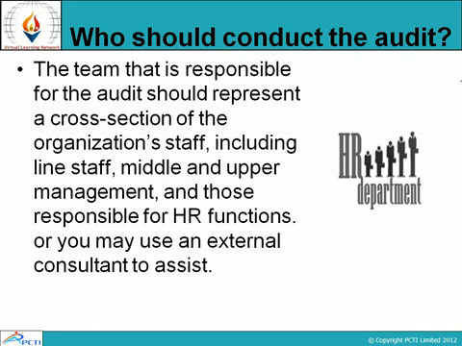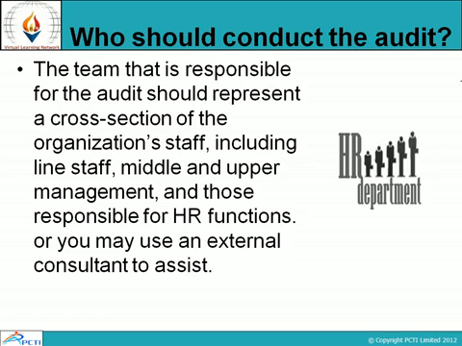Now another question: who should conduct the audit? The team that is responsible for the audit should represent a cross section of the organization's staff, including line staff, middle and upper management, and those responsible for HR functioning.